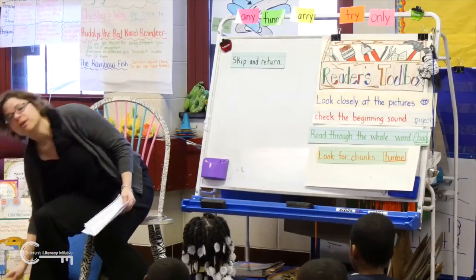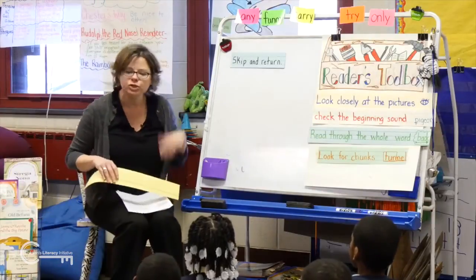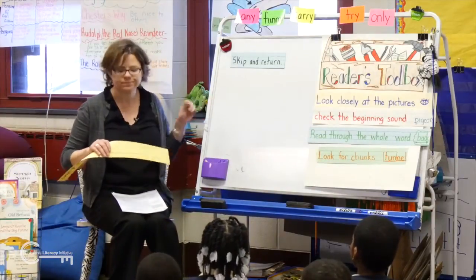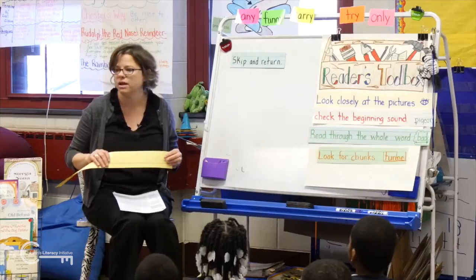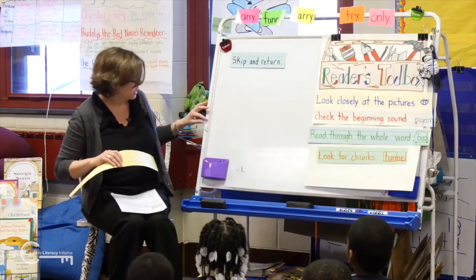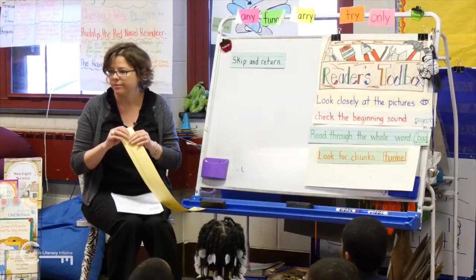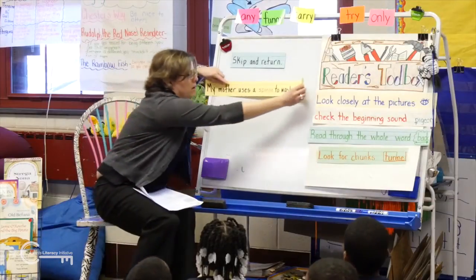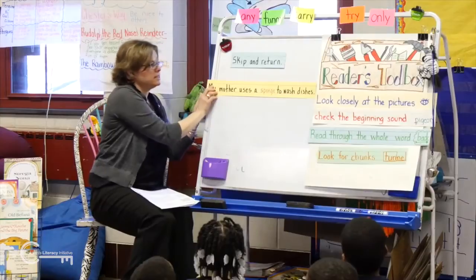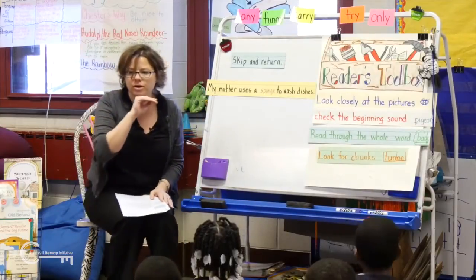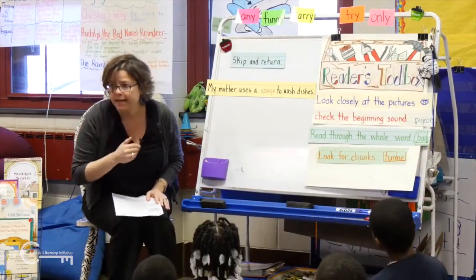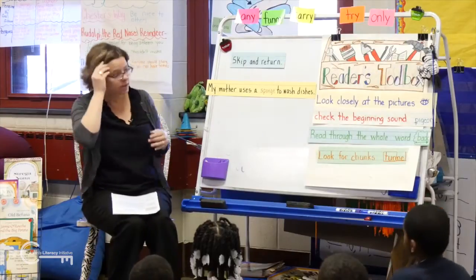I was reading a book the other day about chores that people do in their house. And I came across an unknown word. And I'm going to show you how I used skip and return to figure it out. Okay, it's a long sentence. Now, if you know the word, you can just whisper it in your hand, but I'm going to show you that I came across an unknown word.